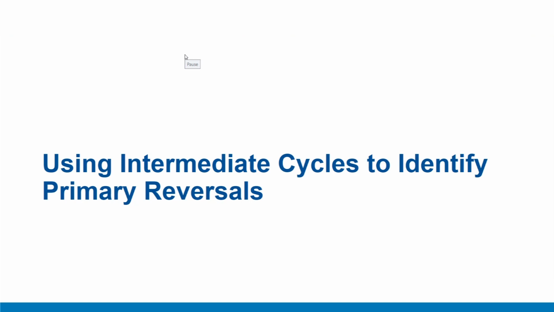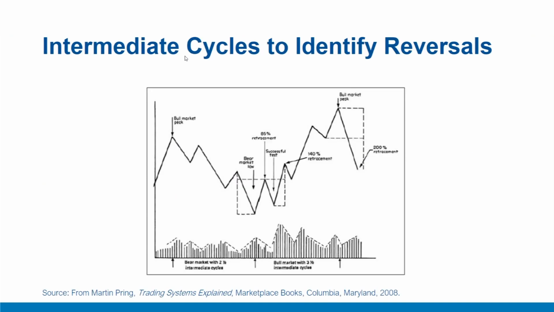In this video, we will see the examination of intermediary cycles to identify primary trend reversals. Intermediate movements can go either with or against the main trend, which means that there is an intermediary cycle similar to a primary one. For example, this is an intermediary cycle. An intermediate cycle consists of a primary intermediate price movement, which is this, and a secondary reaction, which is this.